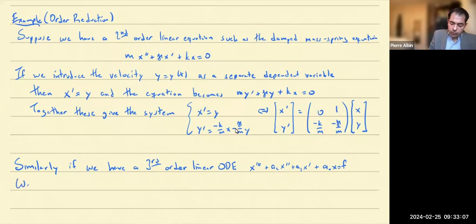Then we can introduce y to be x prime, z to be y prime, so that's x double prime. And then z prime would be x triple prime, right? Which from here we can solve as f minus a2 x double prime minus a1 x prime minus a0 x.